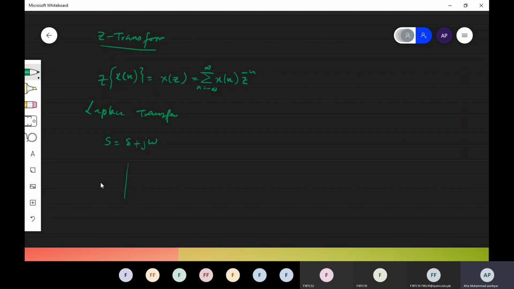So we said that we map a continuous time signal on a rectangular coordinate system, right?